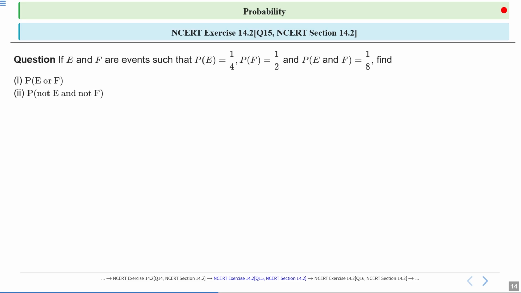Then we have to find first probability of E or F, and secondly probability of not E and not F. Clear? So students, first of all try it yourself. You have 40 seconds to try to solve this question and then we will provide the solution.